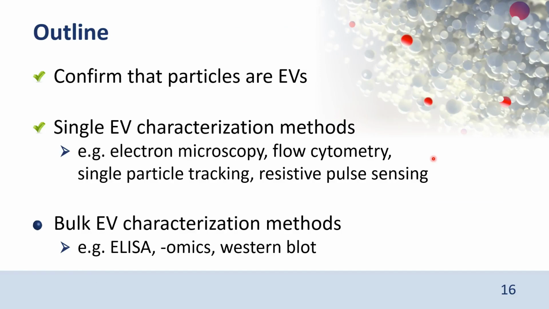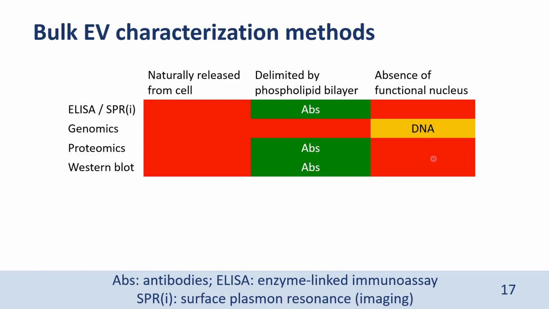We could do the same, of course, for bulk EV characterization methods, such as an ELISA, omics, or Western blot. And the picture would look a little bit different, because with bulk EV characterization methods, it's very hard to prove that you are dealing with particles that are naturally released from cells.